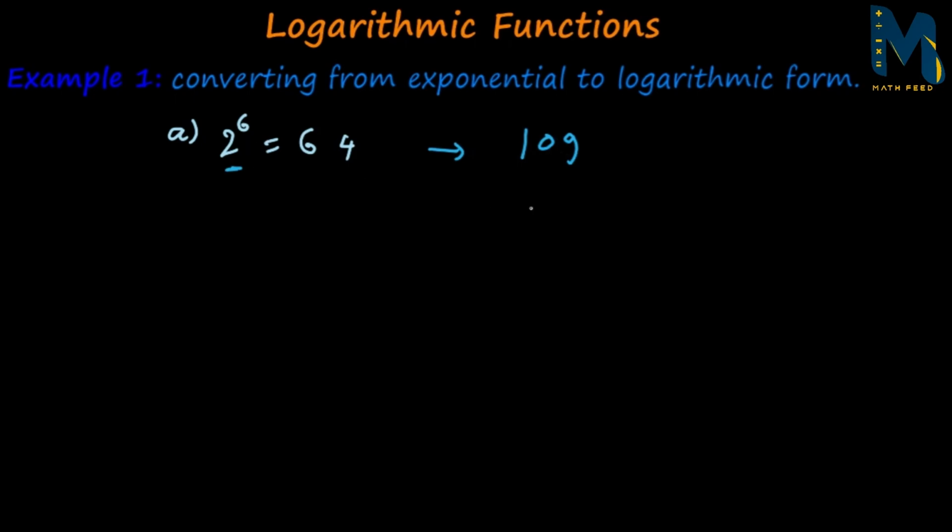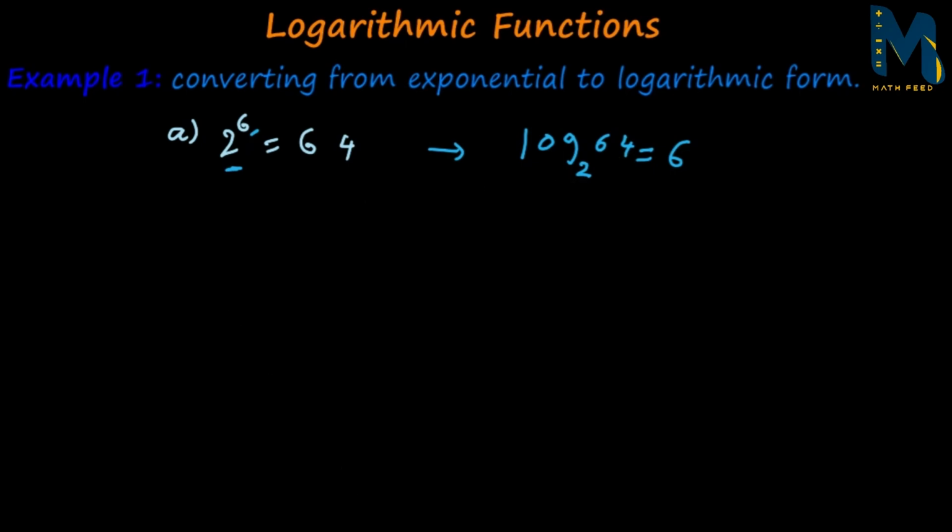Our base is 2, so we write it here, and our exponent will be the result, which is 6, and the remaining number we write here. So this is how we convert from exponential function to logarithmic function.